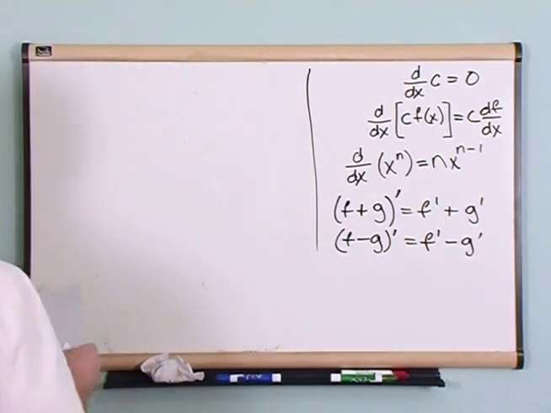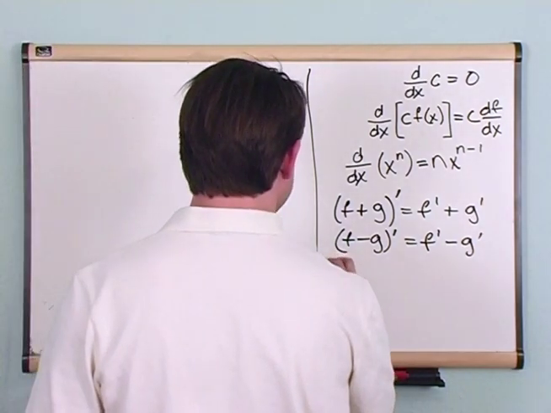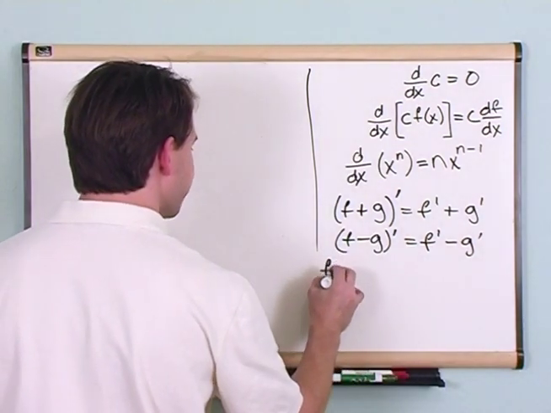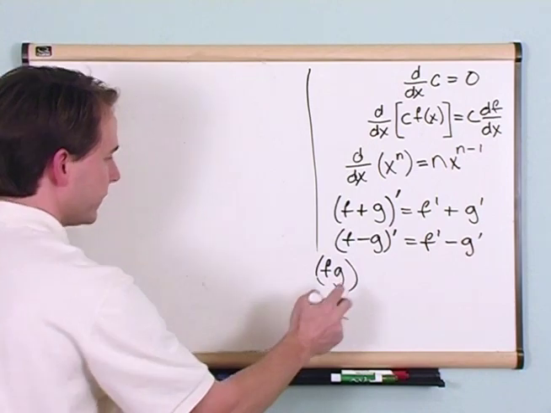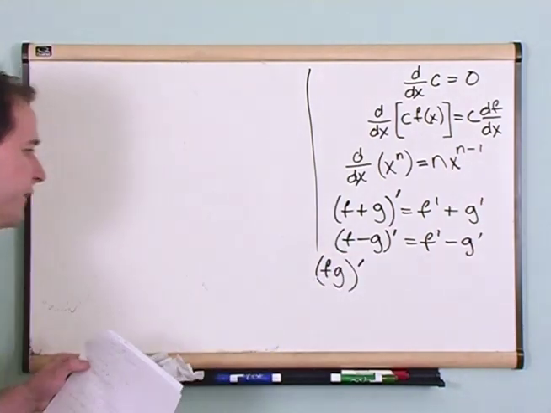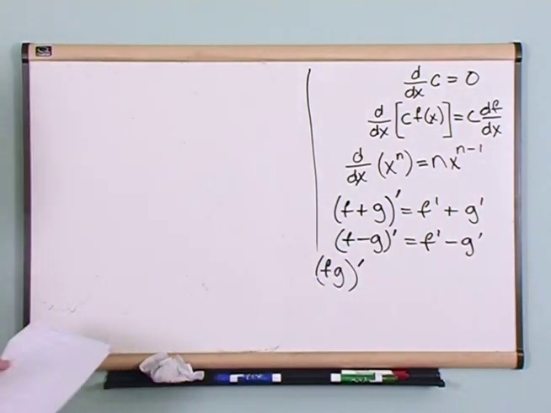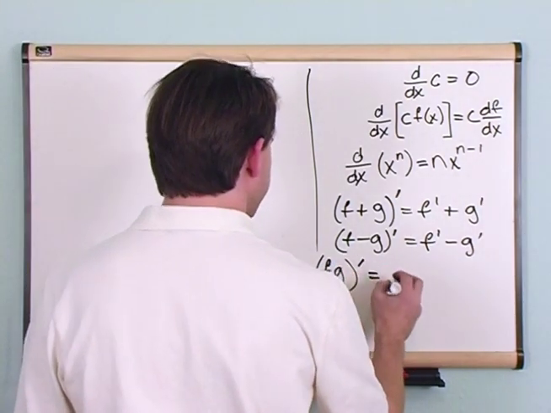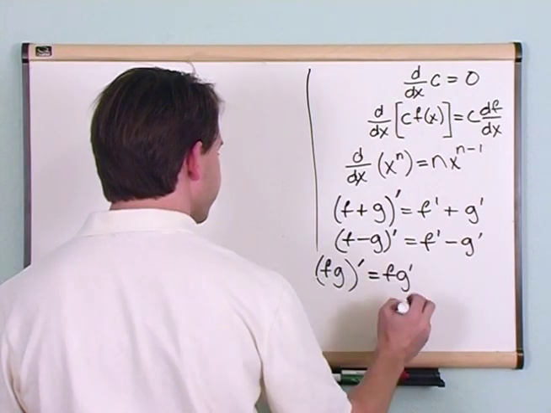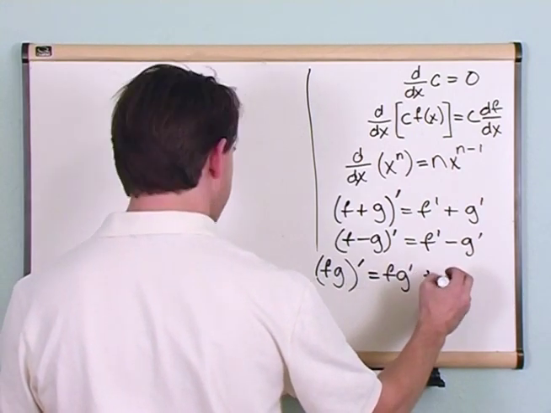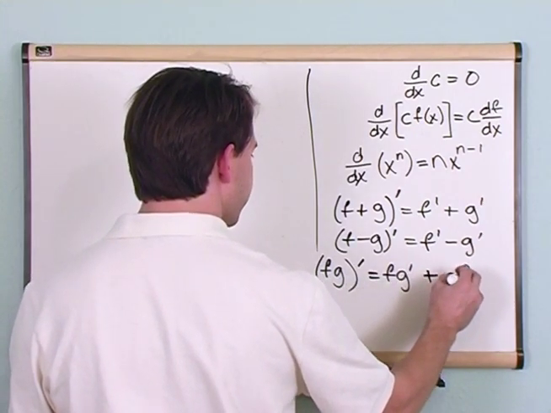What if you had a function f times a function g, and when I say a function, I mean these are each functions of x, and you're going to take the derivative of that product there. How do you do that? What you do is you have the first function times the derivative of the second function, plus the second function times the derivative of the first.